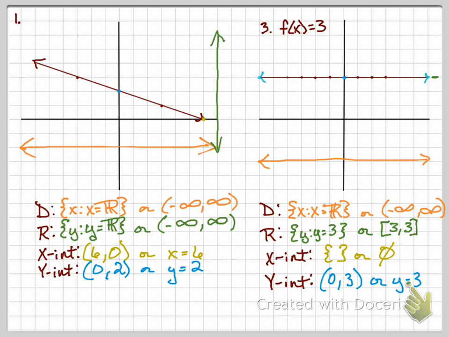Alright, let's go on to number 5. H of x is equal to negative x cubed.